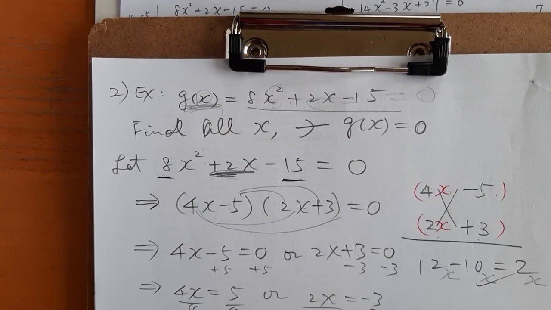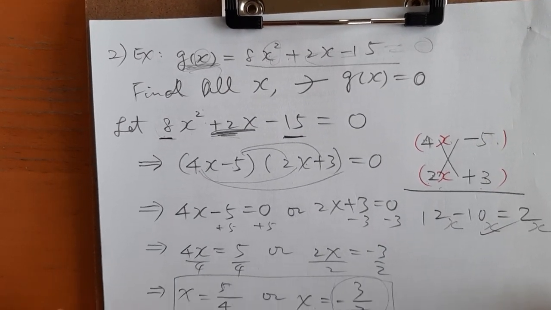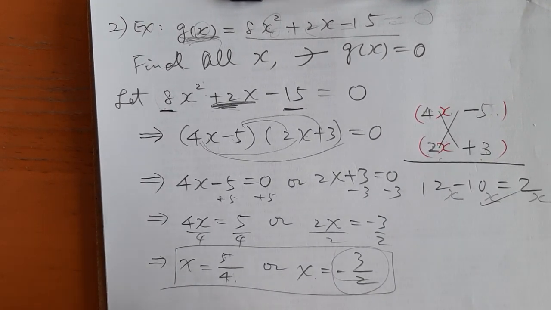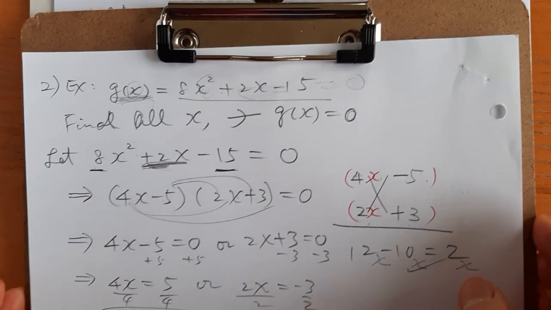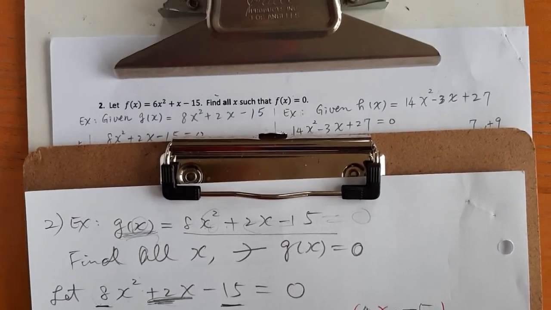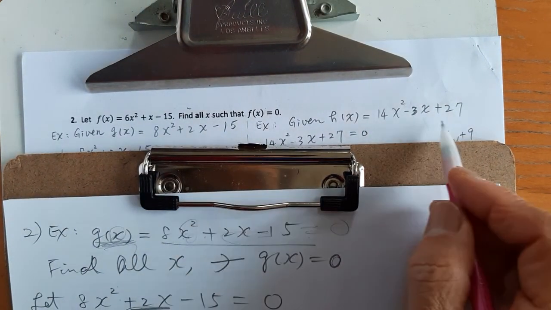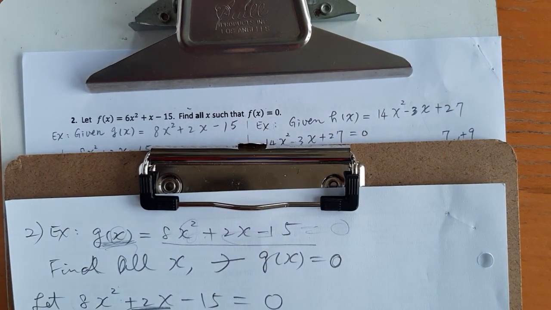Question 2, another example. This one is 14x squared minus 3x plus 27. Let that be h of x.